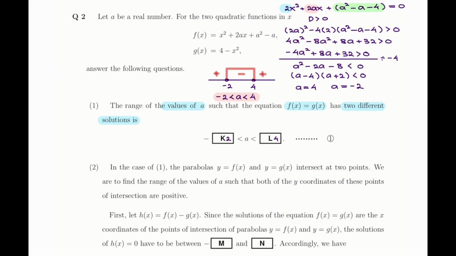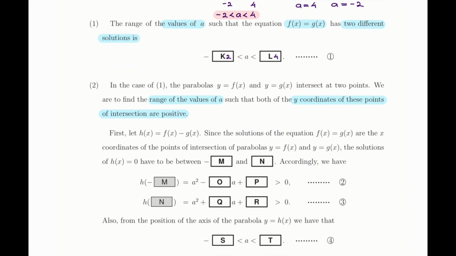We are to find the range of values of a such that both of the y coordinates of these points of intersection are positive. Now we want to find the range of values of a such that both of the y coordinates of these 2 points of intersection are positive.